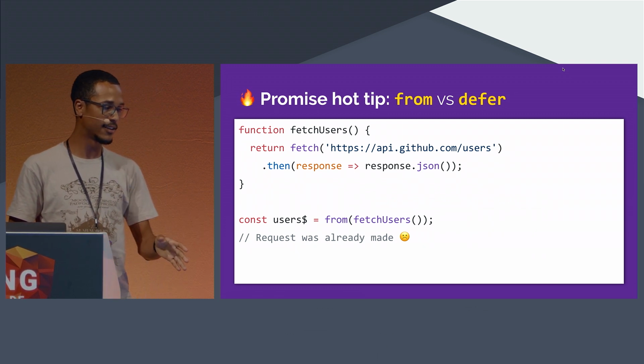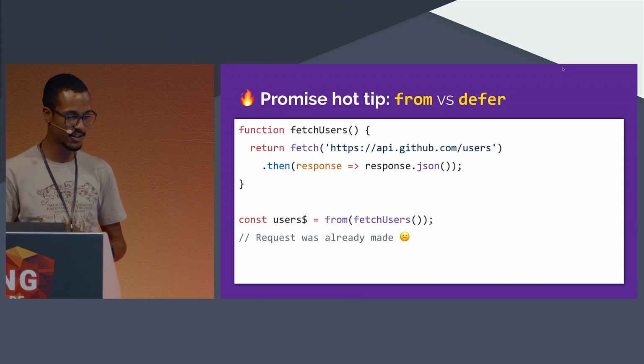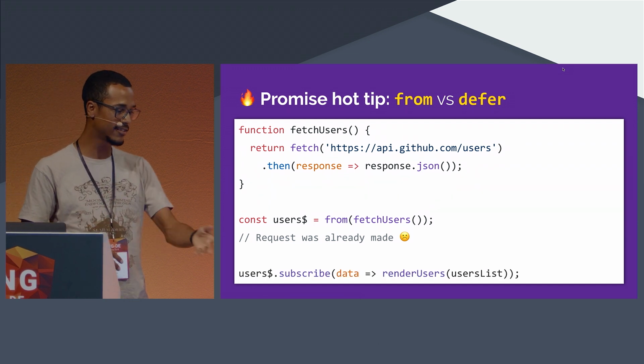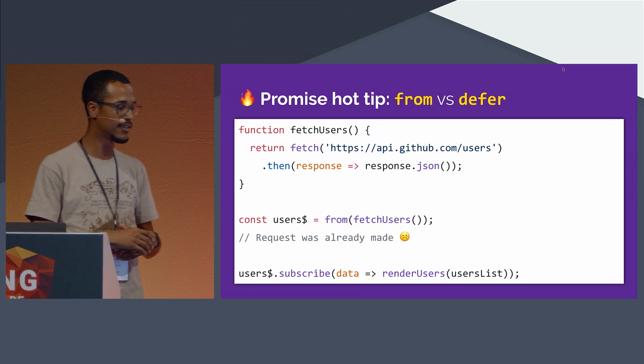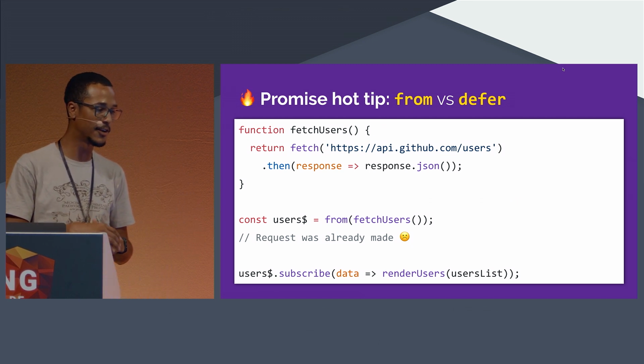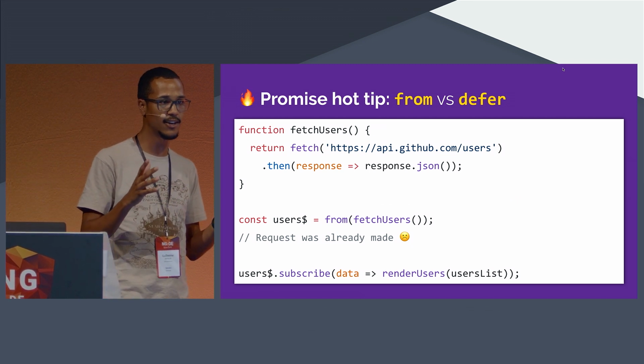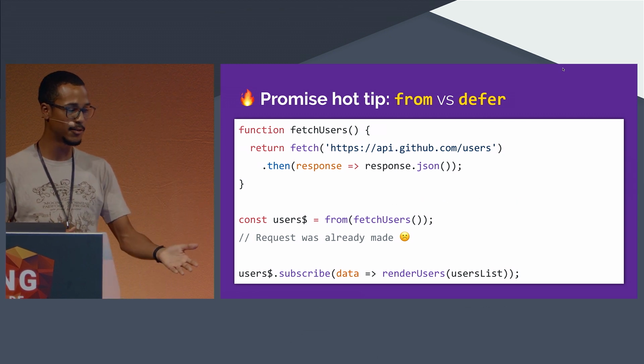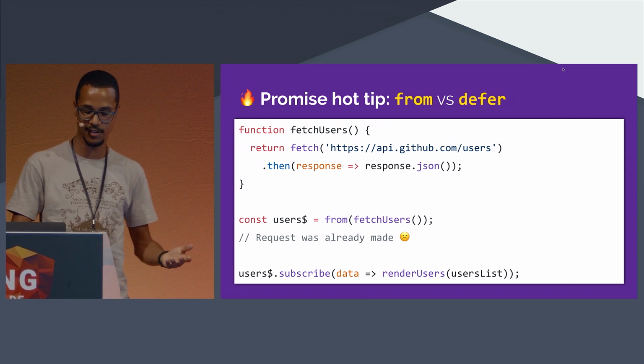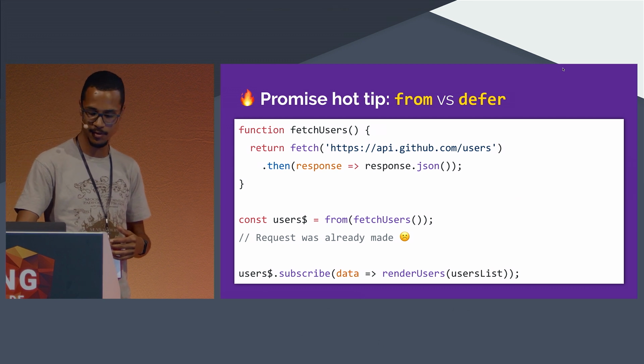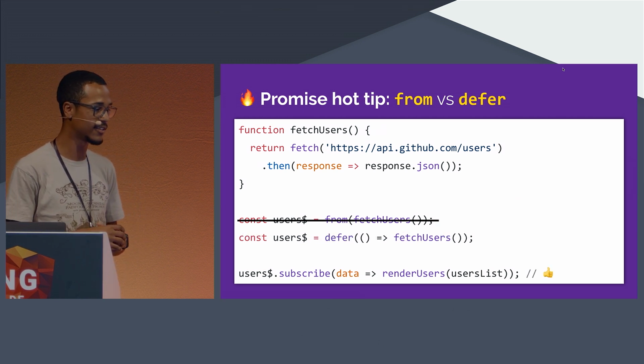As soon as the promise is created, it's requested, and we will receive the data, but it will not have one of the main observable properties, which is that observables are lazy. I didn't expect the request to be made. So we can use defer instead.